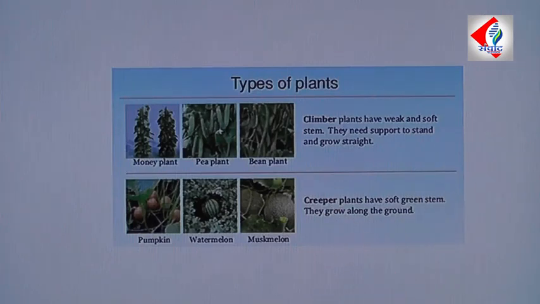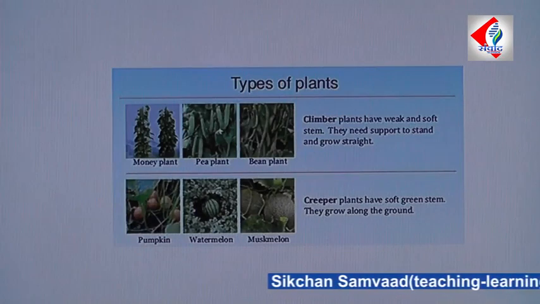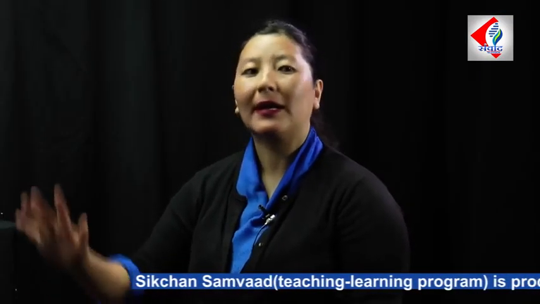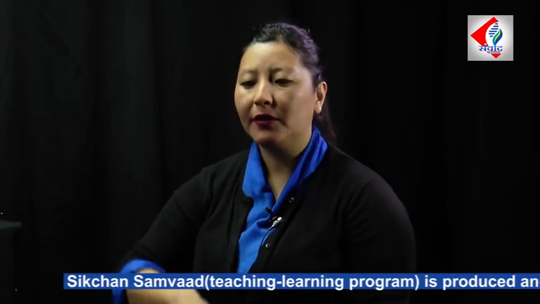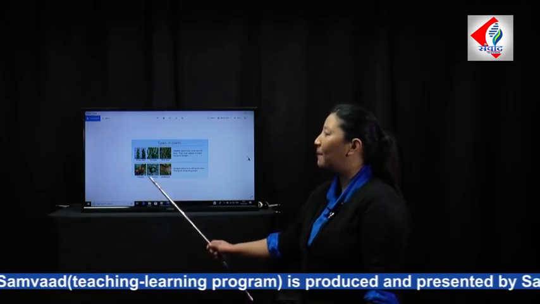Then what are creepers? Creepers are those kinds of plants which also have very soft stems. But how creepers grow is, they creep on the ground. Okay, they don't climb along a support, they just creep along the ground. Some examples are pumpkin.